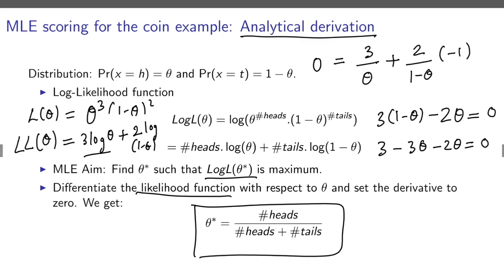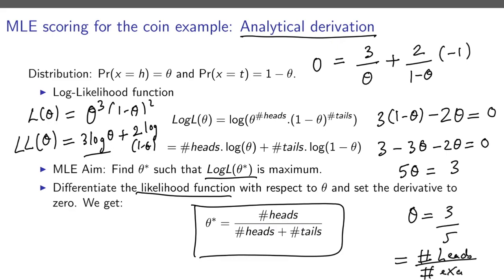This is the same as 5 theta is equal to 3, and so theta is equal to 3 divided by 5, which is, in general, number of heads divided by the total number of examples. And the number of examples is nothing but number of heads plus number of tails. So you get that formula.